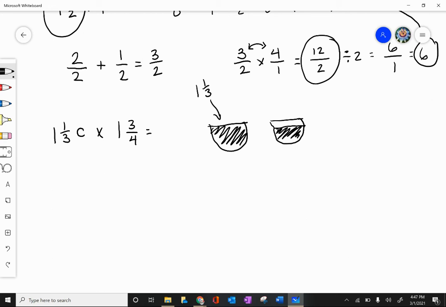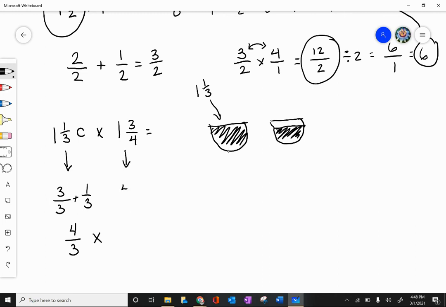So 1 1/3 is the same thing as 1, which is 3/3, or 1 whole, plus 1/3 that you have left over. I just broke it up and said that's 3/3, this is 1/3, so that is equivalent to 4/3.